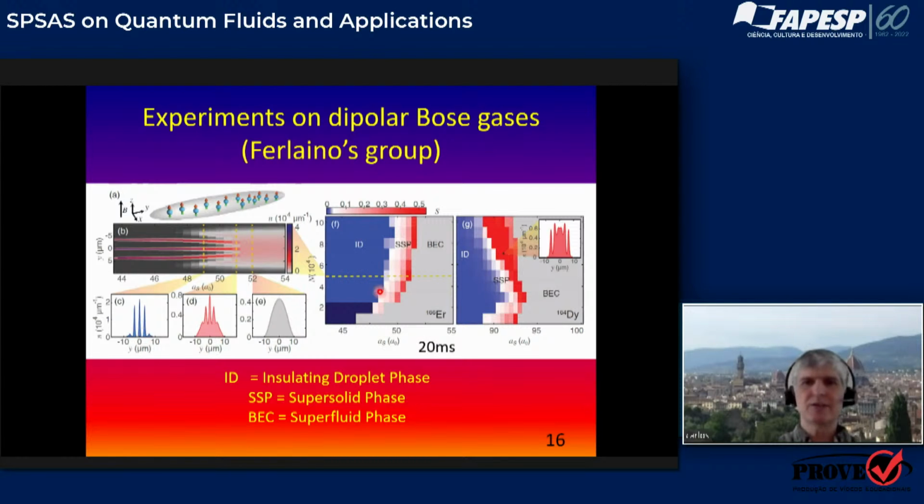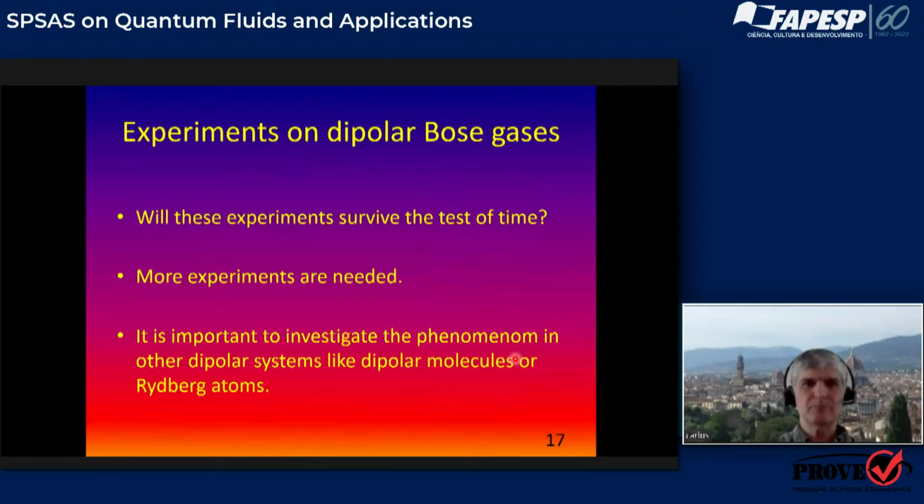So for the case of erbium-166, the lifetime is about 20 milliseconds. For the case of dysprosium-164, it's about 150 milliseconds. So this one here is the candidate which has lived the longest. Of course, the question is, would these experiments survive the test of time?